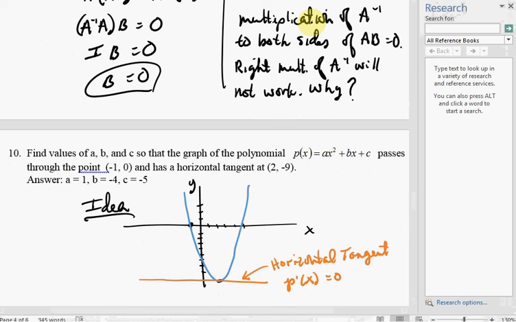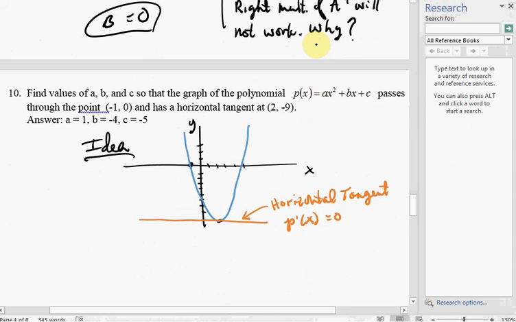Okay, anyway, let's see. So the first point is -1, 0. So we have p of -1 is equal to, look at ax squared plus bx plus c. I'm going to replace the x with -1. So here I get a minus b plus c.